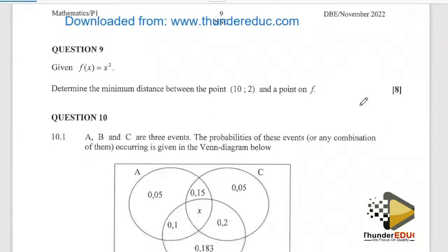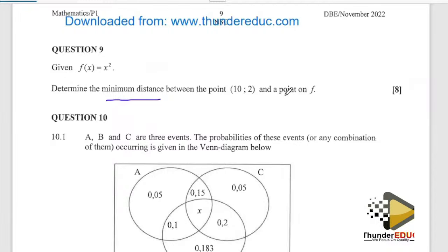Then question number 9, for 8 marks. They are telling us that f of x is x squared. They want us to get the minimum distance between the point (10, 2) and a point on f.